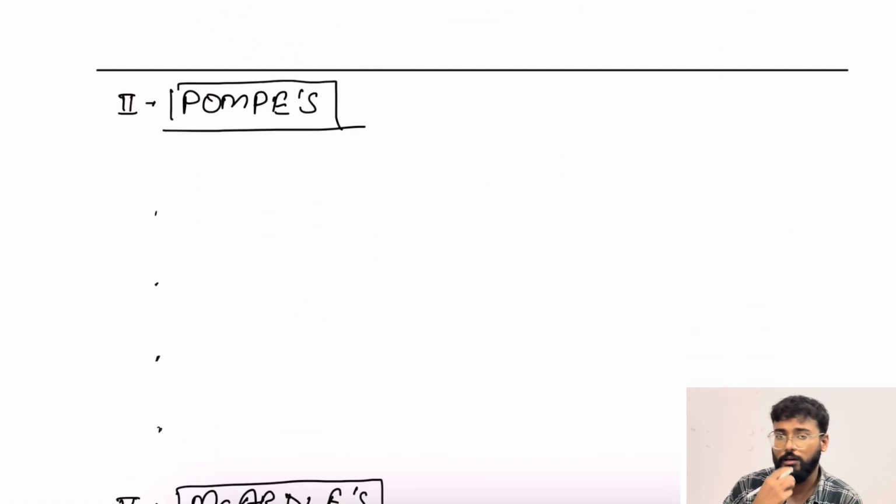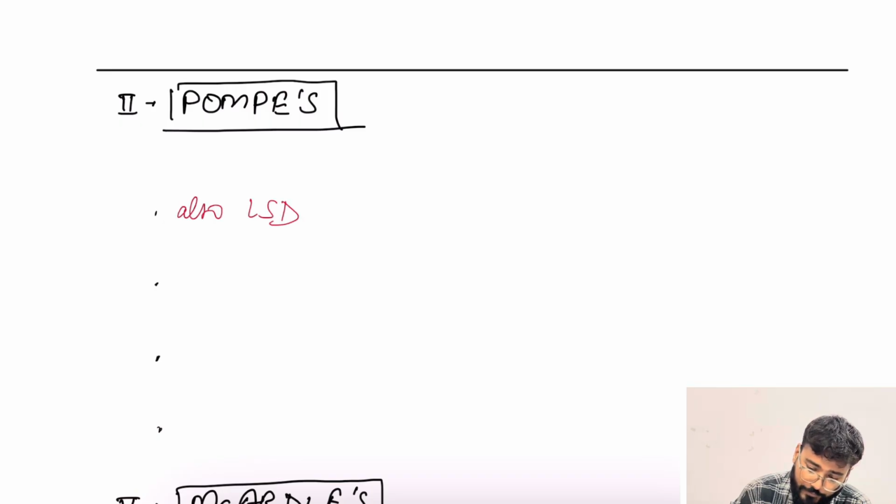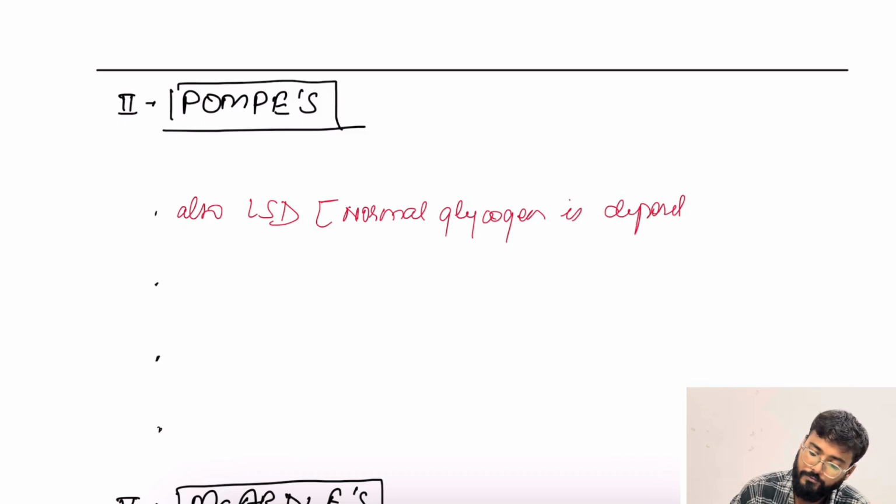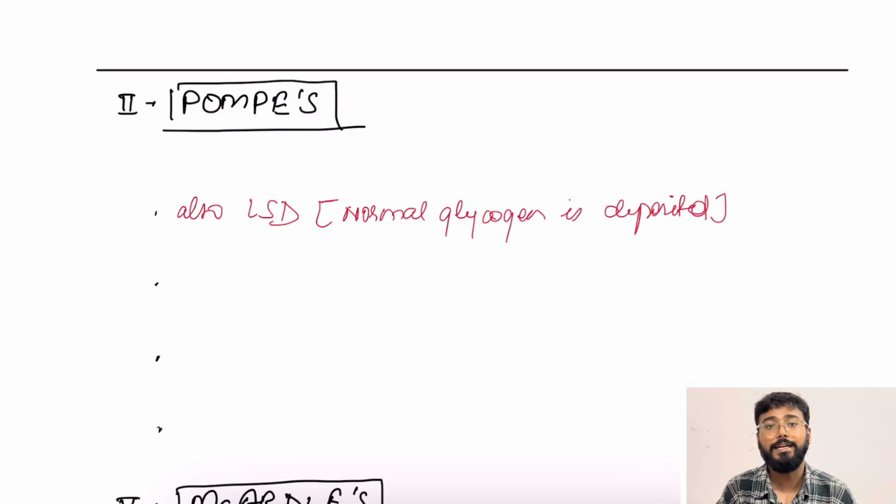That's it. Now, going further into the muscle GSDs, the second one is Pompe's disease. What are the defining features? It is also a lysosomal storage disorder, but what you need to remember is that normal glycogen is deposited inside the lysosomes of the skeletal muscles.